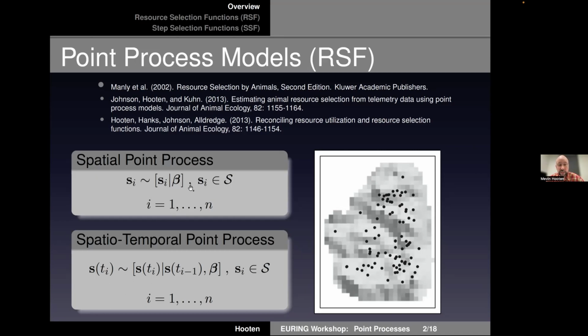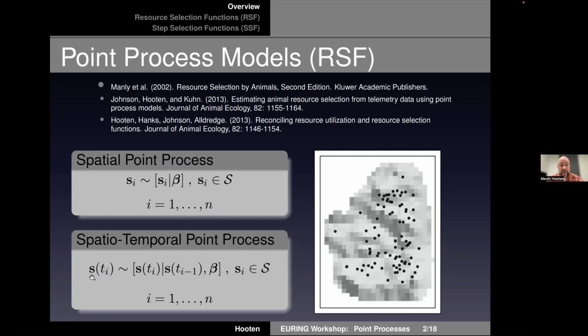Okay, the difference between that and what's called a spatio-temporal point process is that there's some dynamic there to account for the temporal part. So now we're not necessarily considering the fixes to be conditionally independent. Here we're considering them to be dependent in time, and that dependence is important due to the dynamics of how the animal moves and makes decisions as it's moving through its landscape or waterscape or whatever it is.